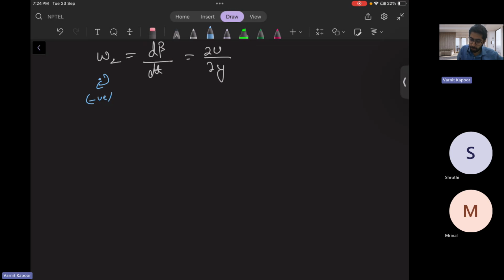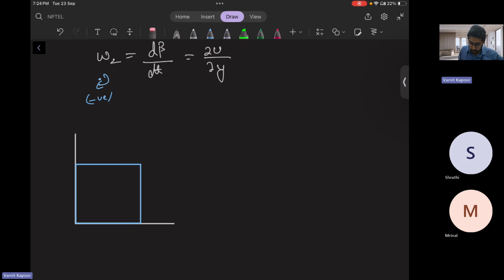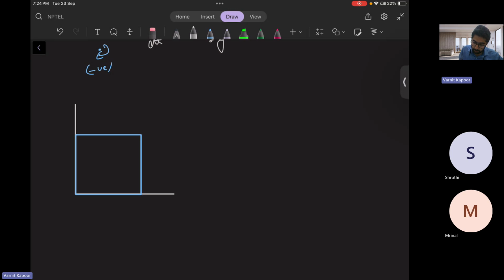Next, rotation because of the velocity v in the x direction. Let us again draw. This was my fluid element, then this was my velocity v. So again, the fluid element has been displaced, this time in the x direction. What is the distance traveled?